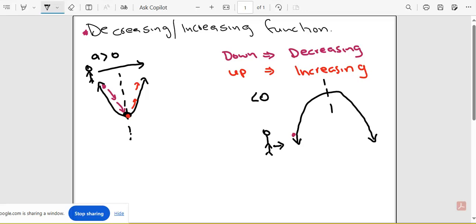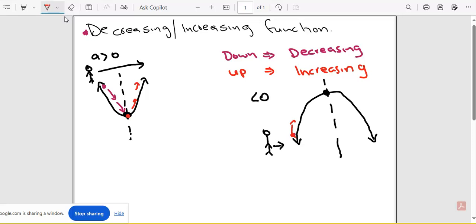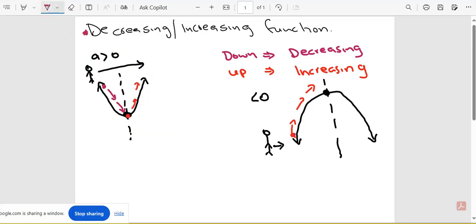Then this is our axis of symmetry, which is the x coordinate of the turning point. Now, when you go up, you are increasing. So I'm going to use red for up because it's increasing. The moment you start walking down, you are decreasing.